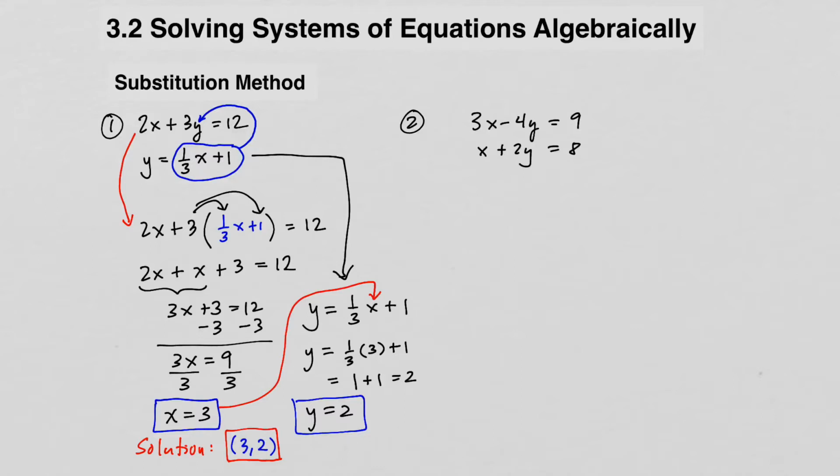So in our second example, notice that both equations are in standard form. That means that x or y is not isolated in either equation. So what I'm going to do is solve for either x or y in either the first equation or the second equation.